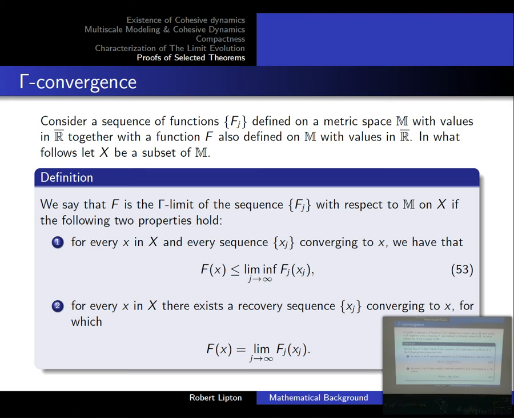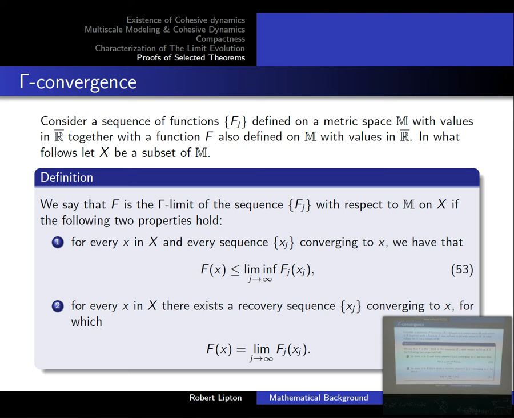For every X in the subset and every sequence Xj converging to X with respect to the metric, we have this sort of lower semi-continuity: the lim inf of Fj at Xj is at least F of X. Then for every X in the subset, there is a recovery sequence such that the limits match.